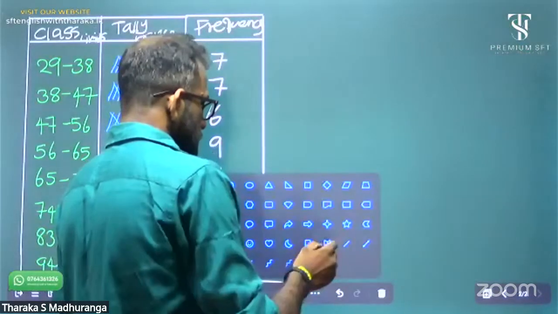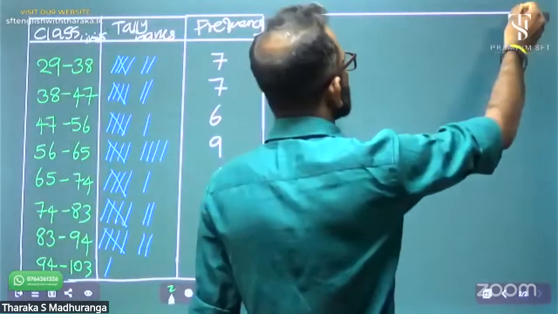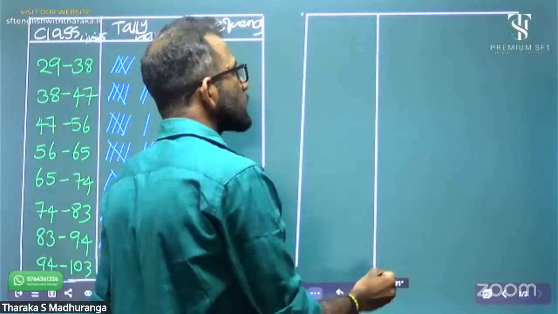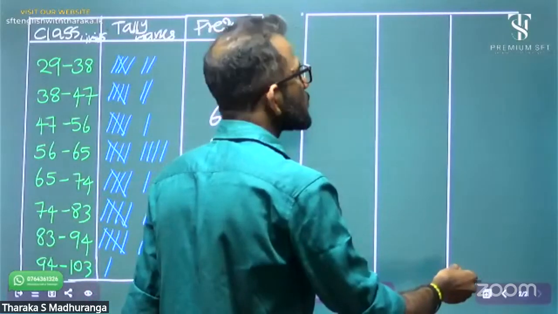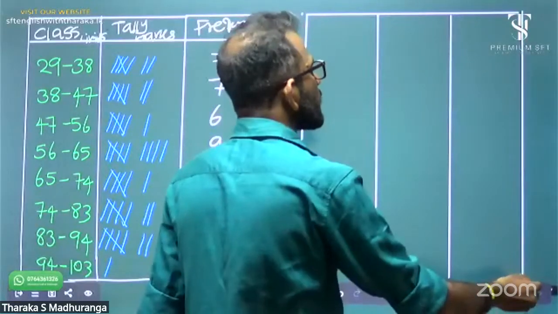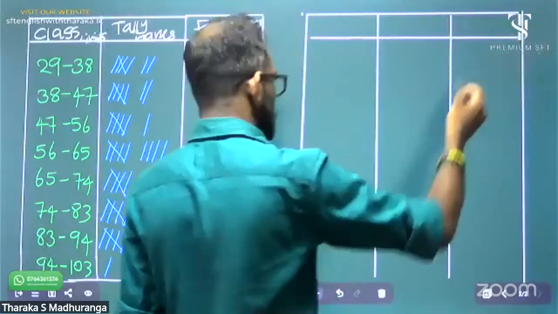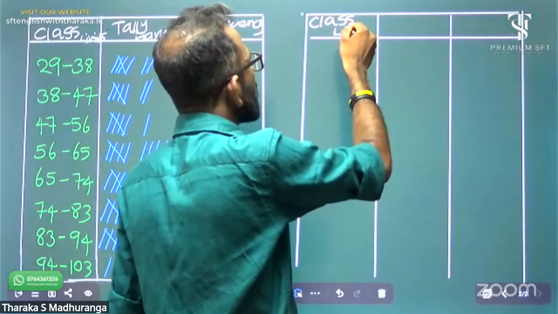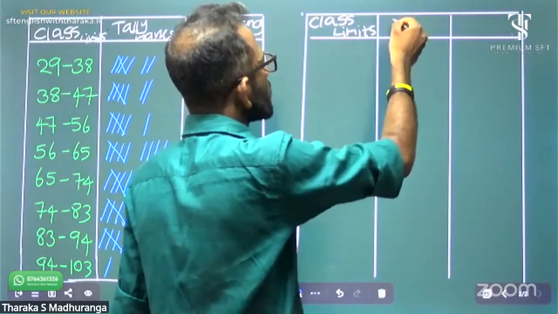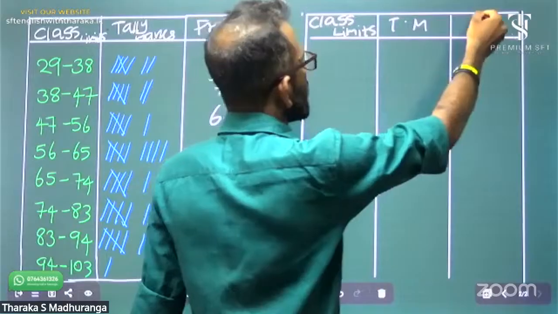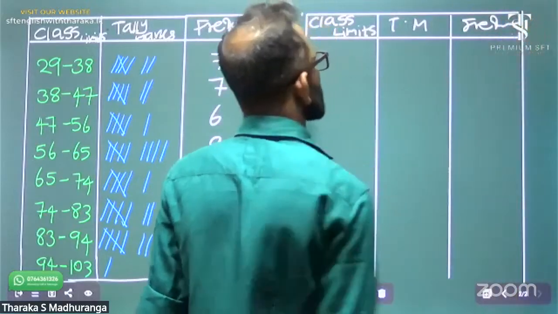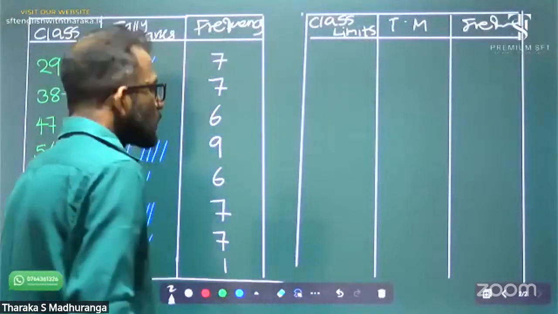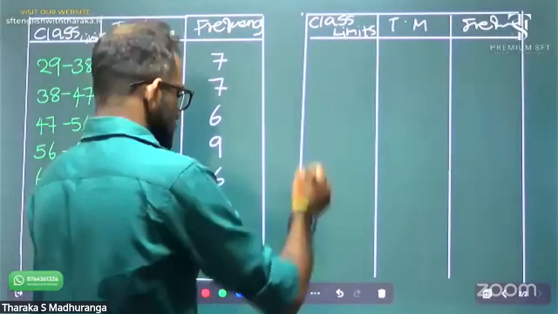Class size 10, and you have to be careful in developing discrete group frequency distributions, as I told you last week. The class size is 10. Class limits, tally marks and frequency. Okay, what's the starting value? 29.